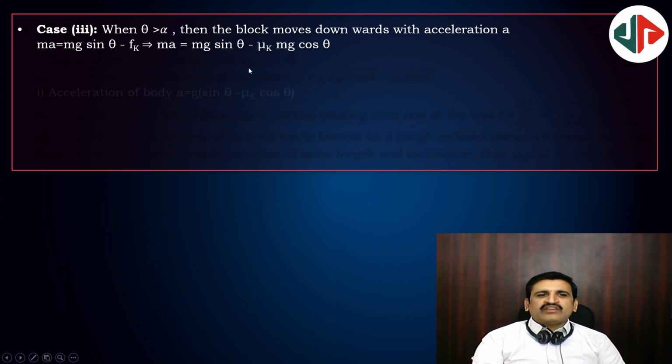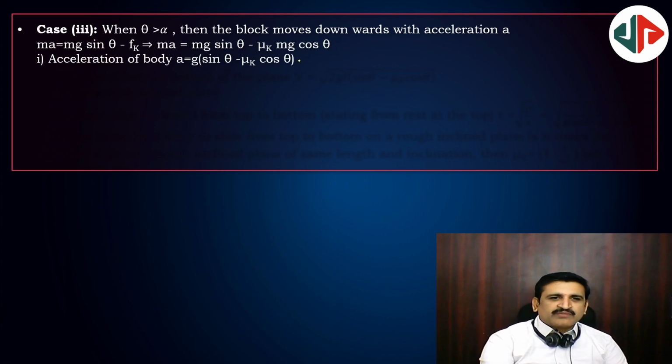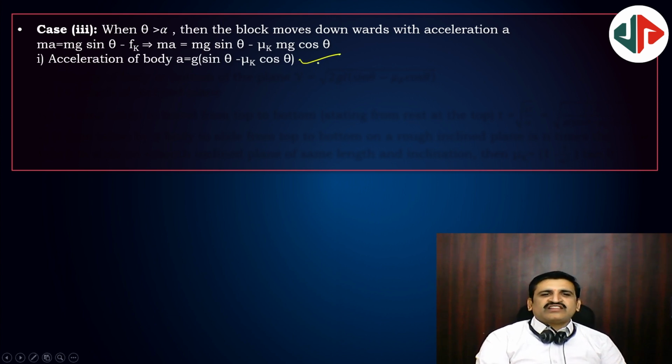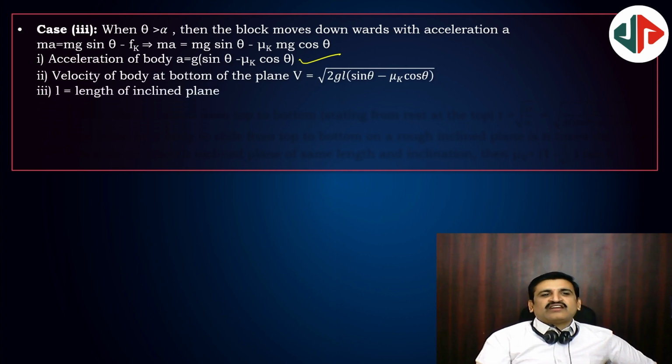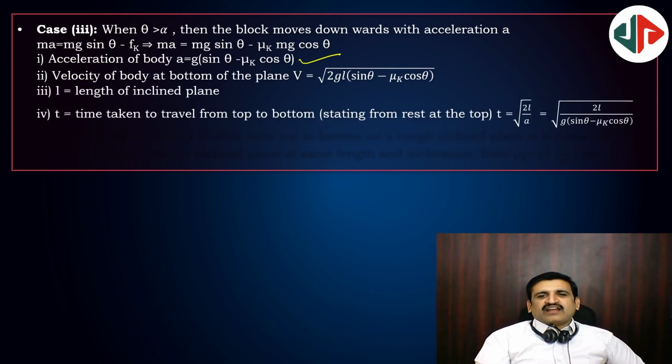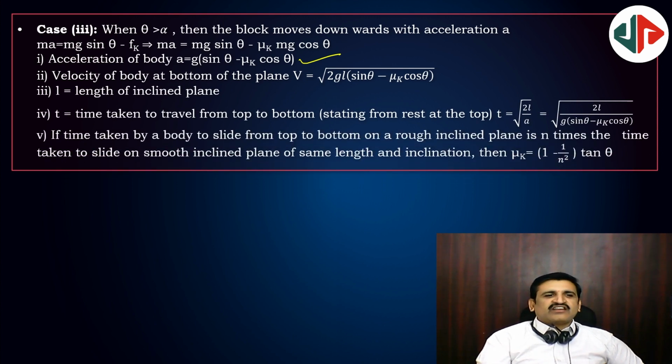On removing m, you will get acceleration a equal to g of sin theta minus mu k cos theta. Next, velocity before touching the ground is square root of 2gL of sin theta minus mu k cos theta. The length of the plank is L here. And time of descent is t equal to square root of 2L by g of sin theta minus mu k cos theta.